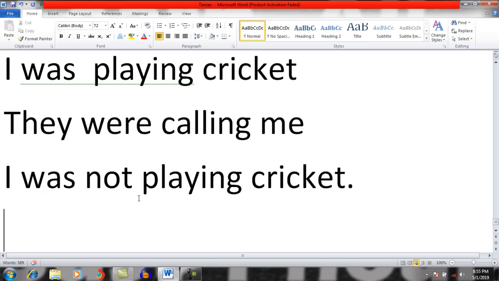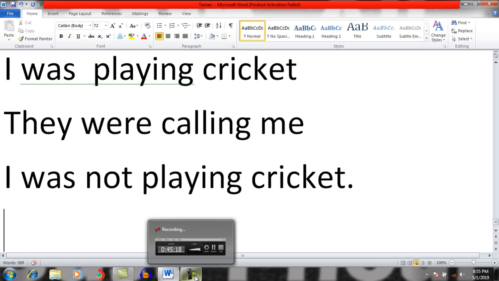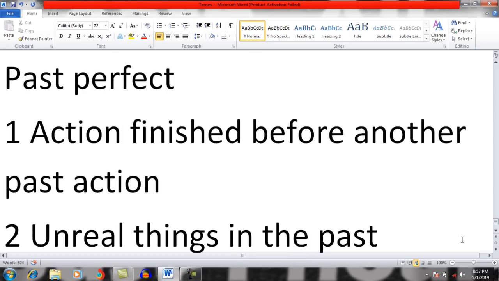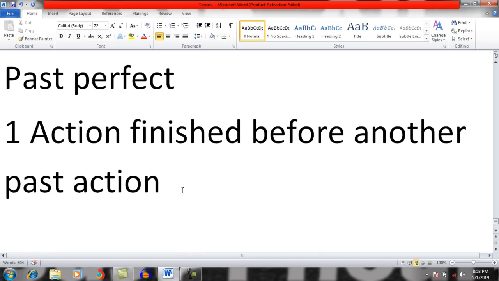Now we'll go through past perfect, where and how we can use it. It was a bit easy, that's why I didn't explain. We use past perfect in a slightly different situation: for an action finished before another action in the past, like for an interrupted action, as we discussed in past progressive as well.